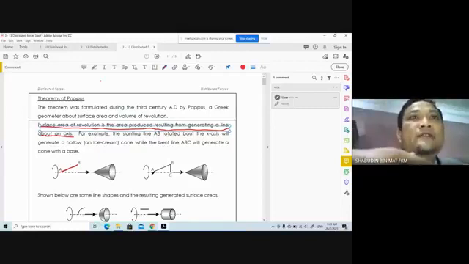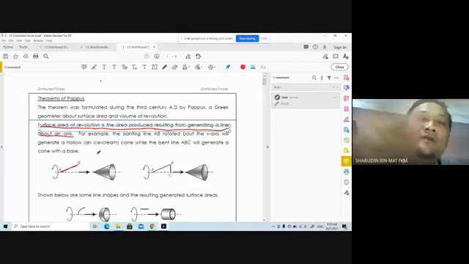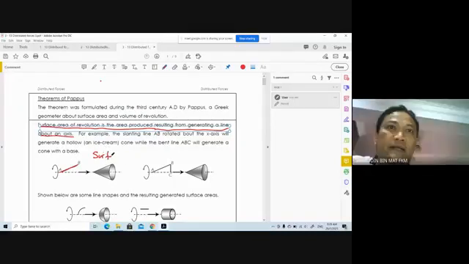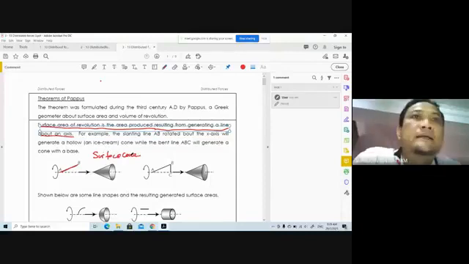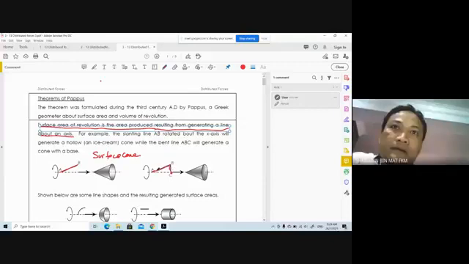The cone is a surface cone only. But if you put another line, BC, there, you will get a surface cone with the base area.